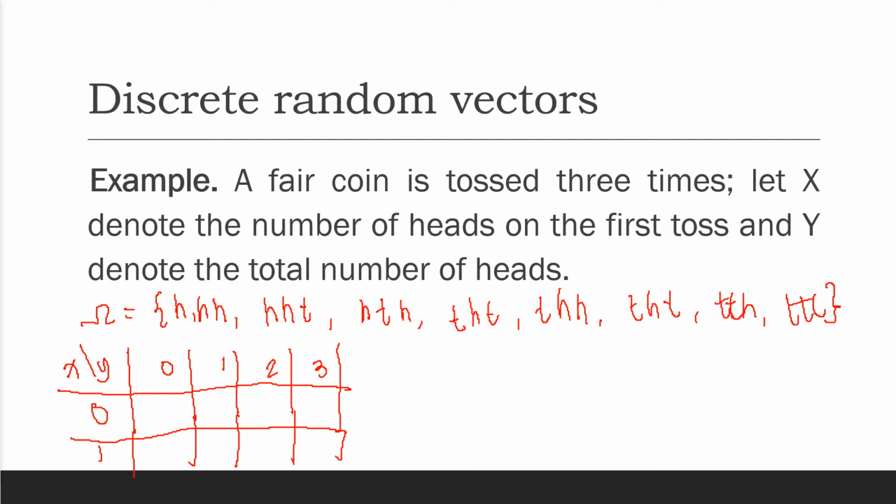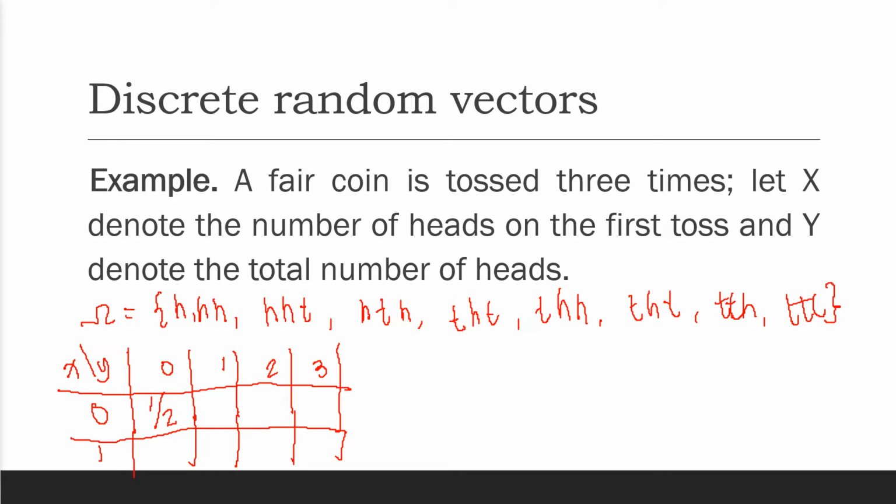Out of the total sample, what would be the probability that you get no head on the first toss and no total number of heads? In this case, all tails, so that is 1/8.